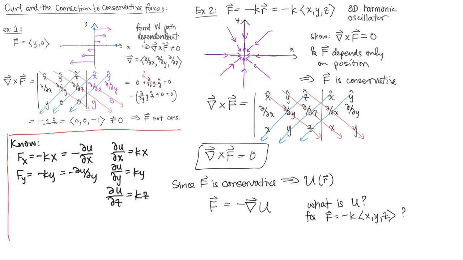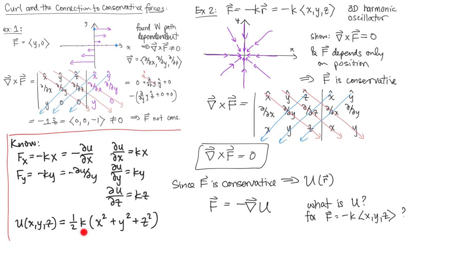All right. And you can show that a potential energy that is 1/2 k times x squared plus y squared plus z squared, when you take partials of that function with respect to x, y, and z, you'll get these terms, kx, ky, and kz. And that gives you an associated force that is the force of the 1D harmonic oscillator.